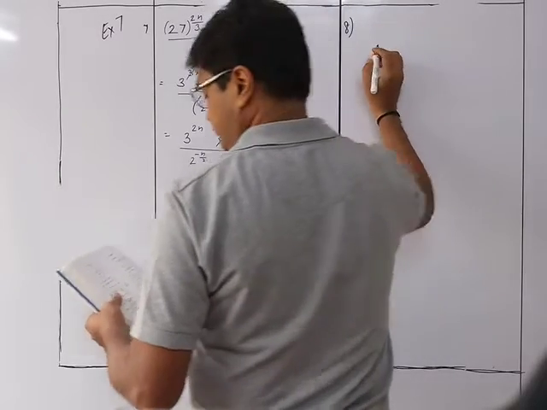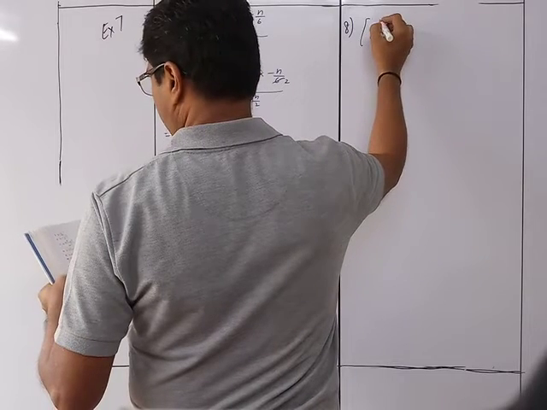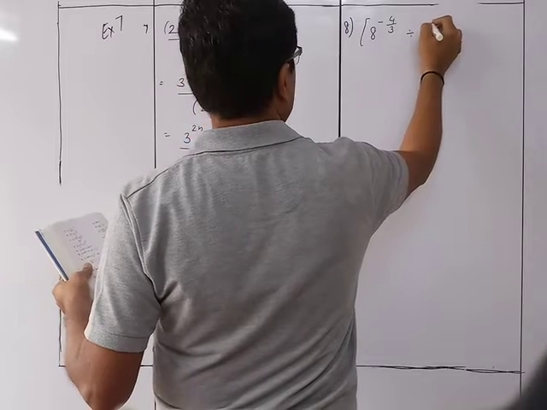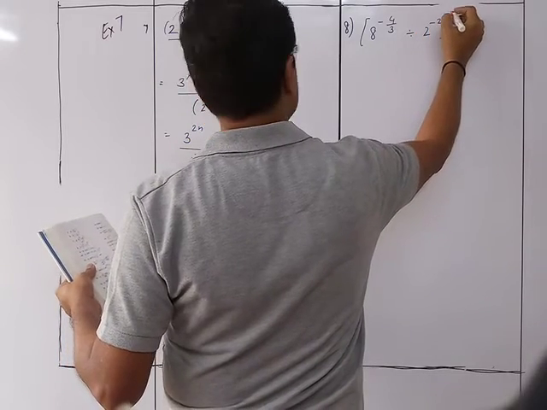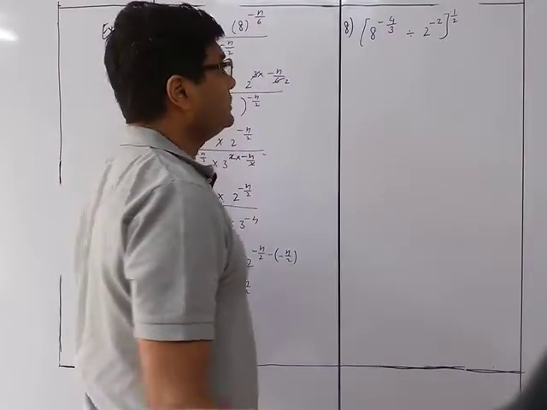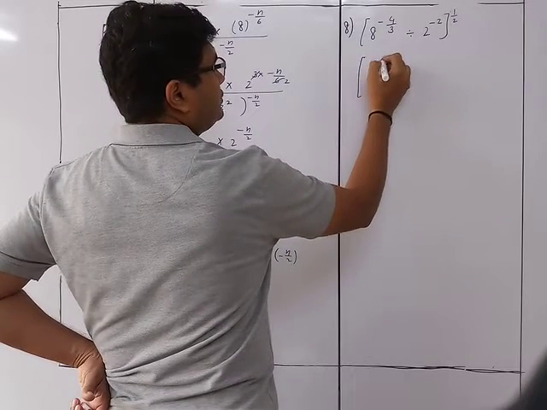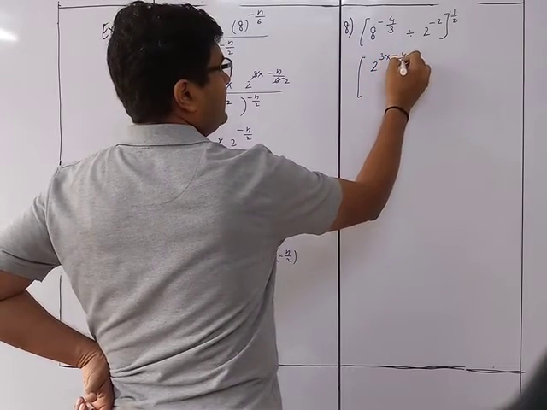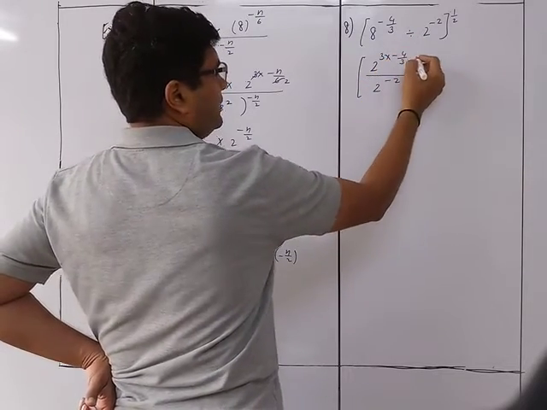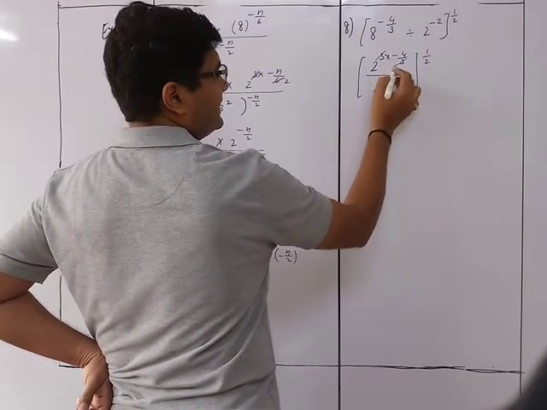Question number 8 is given as (8^(-4/3) ÷ 2^(-2))^(1/2). Okay, that's the question. So this is nothing but 2 raised to 3 into minus 4 upon 3 upon 2 raised to minus 2, because divided is nothing but upon, and the whole thing raised to 1 upon 2. So this 3 gets cancelled.